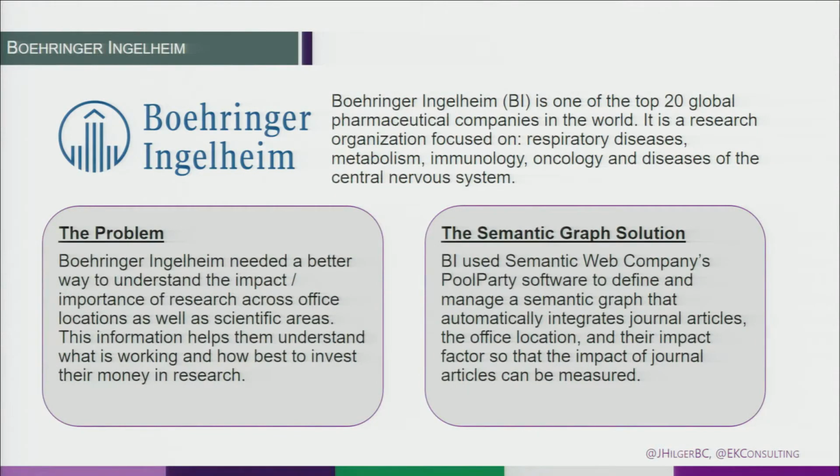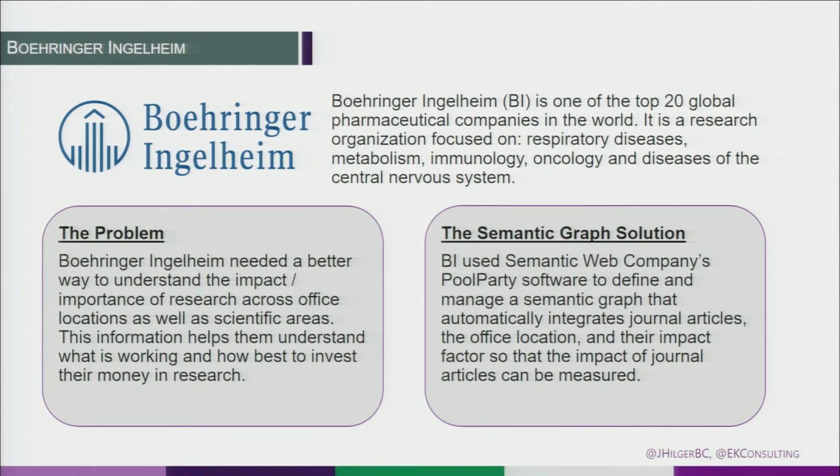So example number 1 is Boehringer Ingelheim. I think that's how you pronounce it. I've always struggled with this one. I'm going to call it BI because that way I won't mess it up. So BI needed a better way to understand the value of the research they were doing.